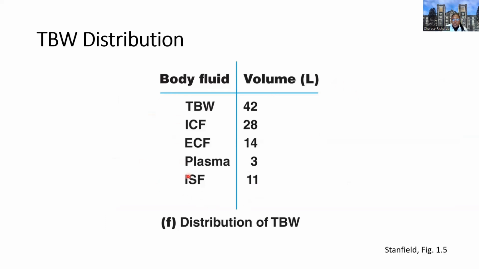Now, when we think about the distribution of that water, we can think about the relative proportions. So I don't want you to memorize these numbers, but it's important to think about the trend. Of all your total body water, most of that, about half of that, or over half of that rather, is going to be inside your cells, your intracellular fluid.